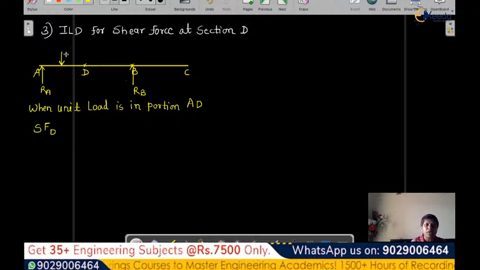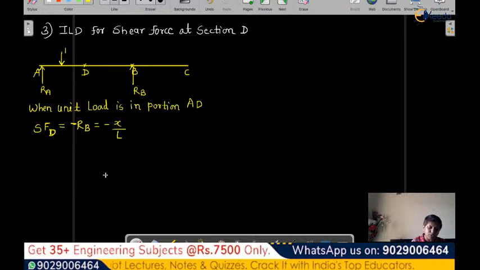So whenever the unit load is acting in this region, we directly consider this reaction. So shear force at D is equal to minus RB, and the RB value we already know, it is minus x by L.